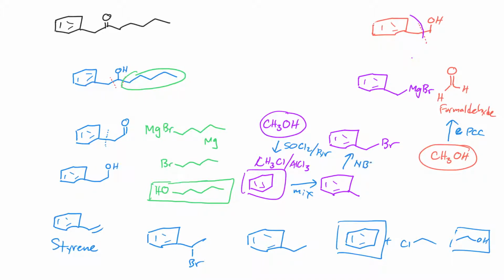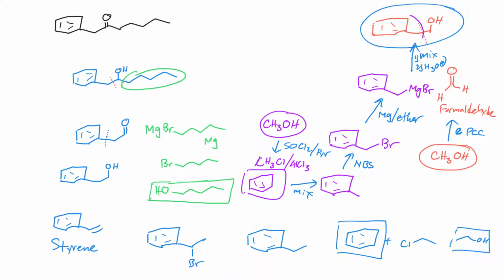NBS, I think we'll need that again. NBS will make this benzylic bromide, and magnesium in ether will make the Grignard. I've got formaldehyde already. I can mix them together for step 1. Step 2, of course, acid workup to protonate the OH, and now I have this alcohol.